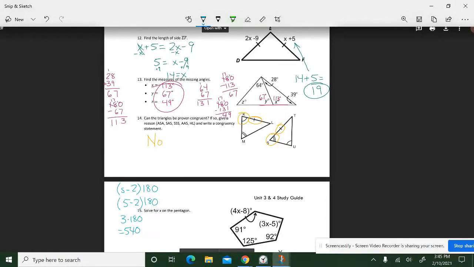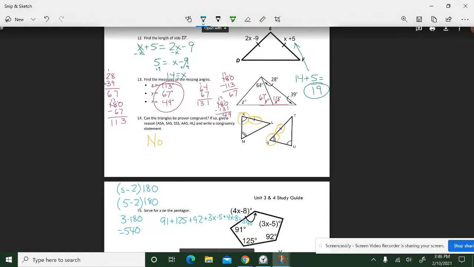So now we're going to take the 5 angles, add them up and set them equal to 540. So we have 91 plus 125 plus 92 plus 3x minus 5 plus 4x minus 8 equals 540. And sorry, I kind of ran out of room there.